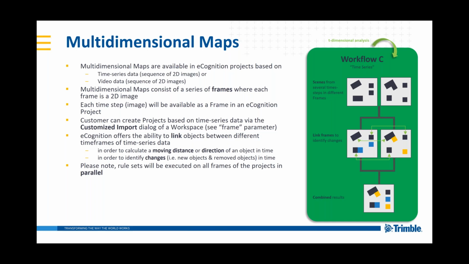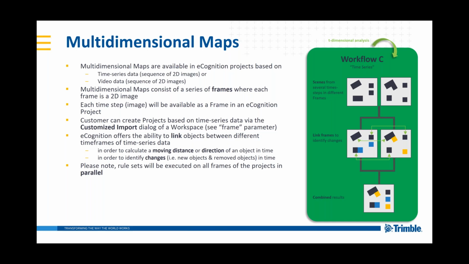And how do you create these? Well, you can set up a customized import routine to create this time series workspace. Customized import routines are only available within eCognition workspaces. And then you just look at the frame parameters that you'll find in some of the help literature. And eCognition offers this very nice ability to link objects from one time frame to another.